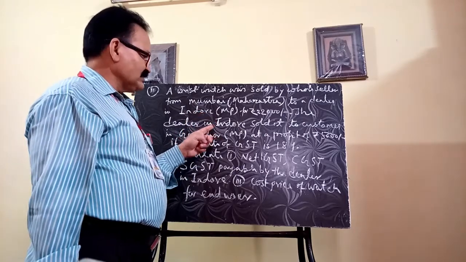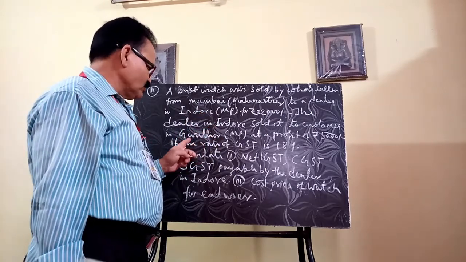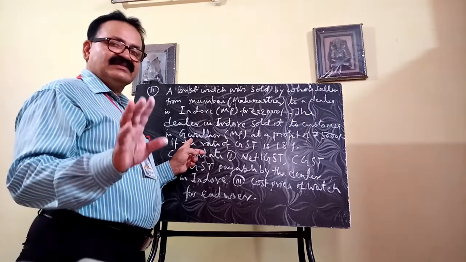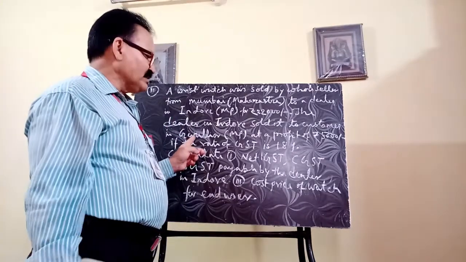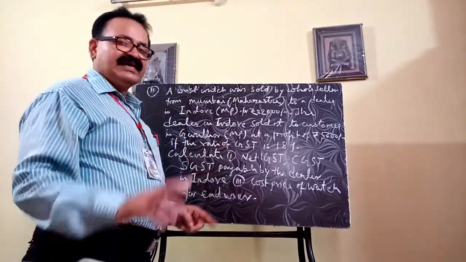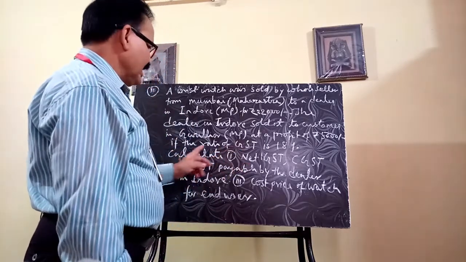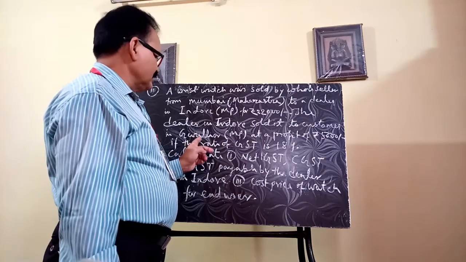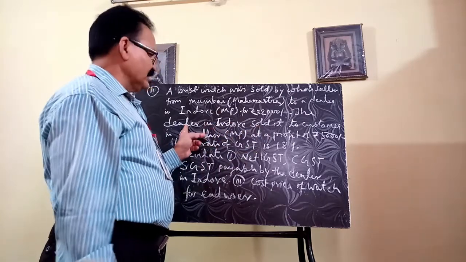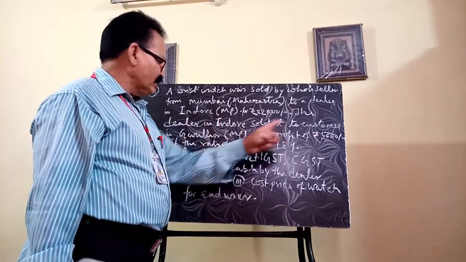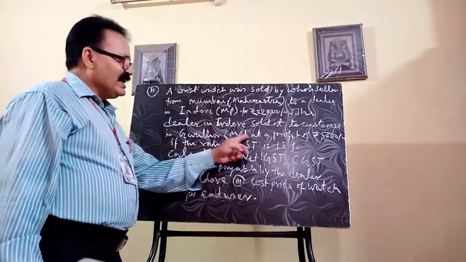But while selling from Indore to Gwalior, GST is divided into two parts, 9% for CGST and 9% for SGST.